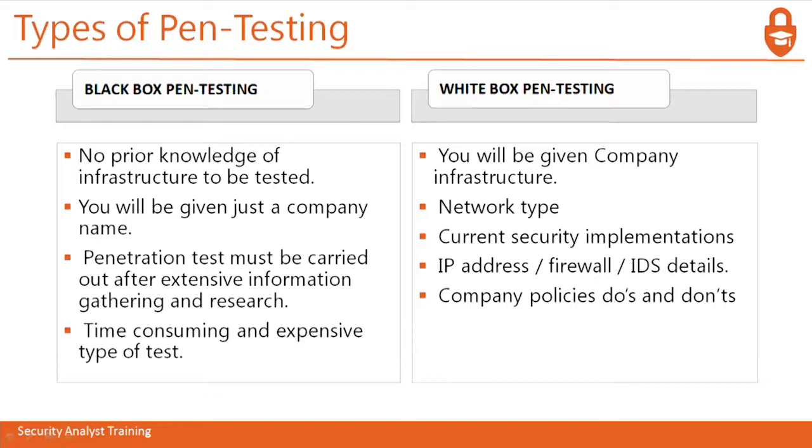In this sense, black box testing simulates a true hacking attack, beginning with nothing but the organization or corporate name. That's what they have, and from here the ethical hacker gathers information about the network and the business from many sources, outside and inside.